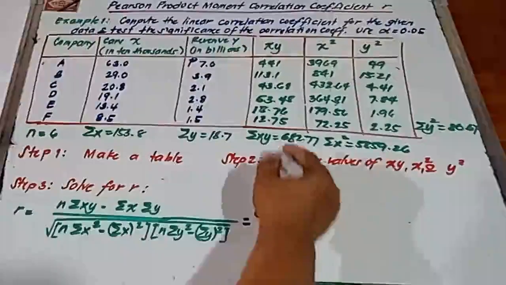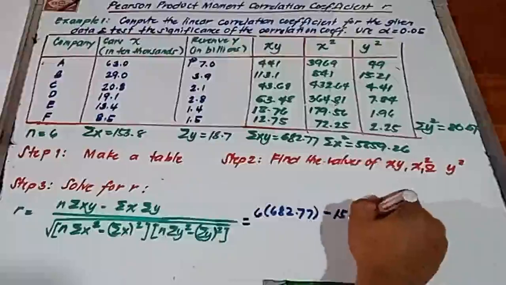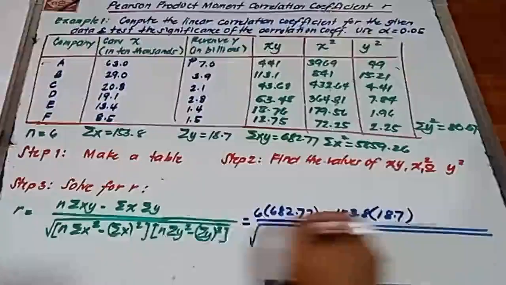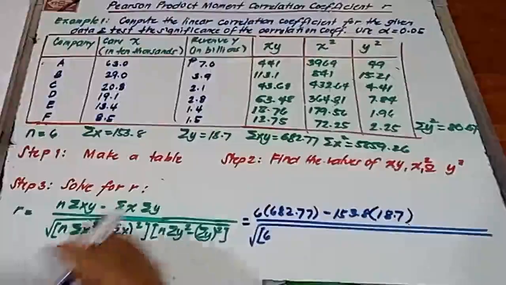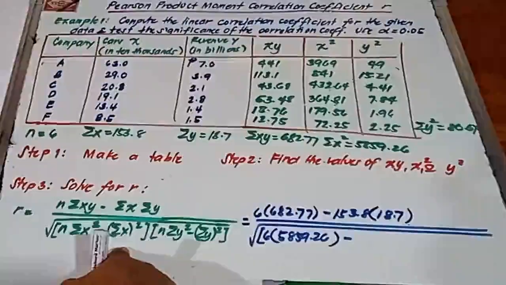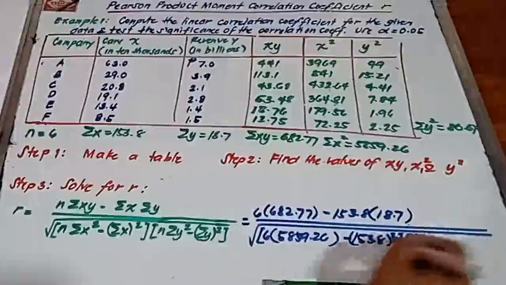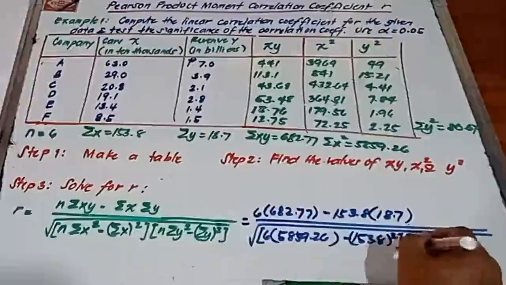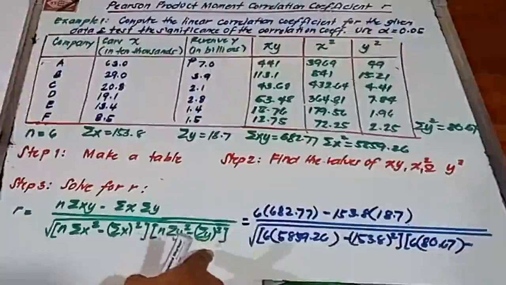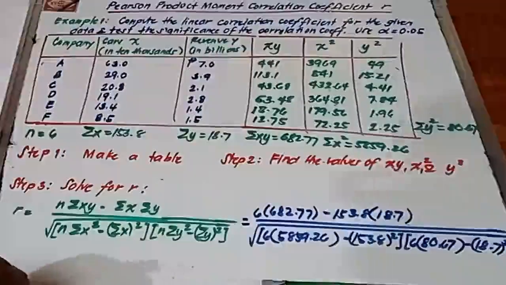We have 6 times summation of xy, 682.77, minus summation of x, 153.8, times summation of y, 18.7, all over square root of n, 6, times summation of x squared, 5859.26, minus square of summation of x, 153.8 squared, close bracket, and then n ulit 6, times summation of y squared, 80.67, minus square of summation of y, 18.7 squared, close bracket.